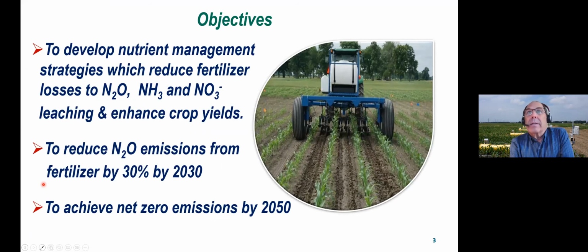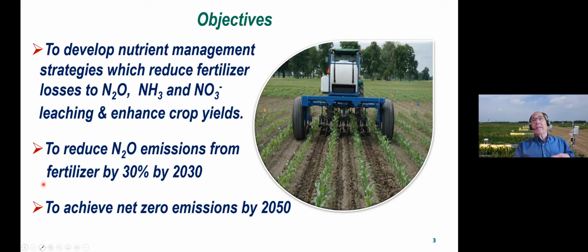Now, Canada is coming up with various objectives over the next few years. One of the challenges we have is to try to reduce nitrous oxide emissions from fertilizer by 30% by 2030.